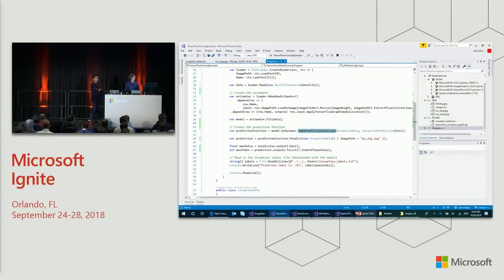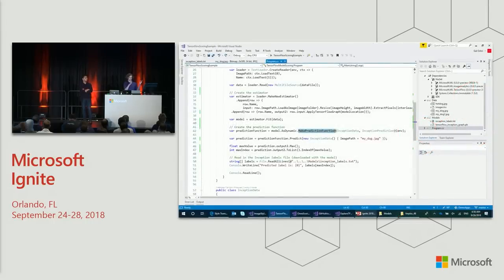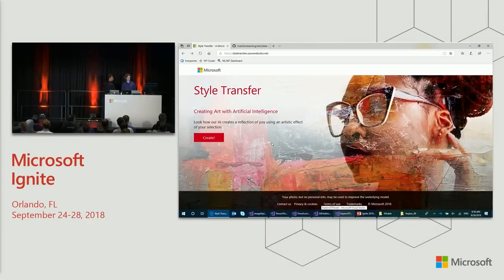I'll switch quickly. So the next example is style transfer. You might have seen these types of demos before, where you take an image and apply the style from another image to it. There's actually a website that you can visit right now, styletransfers.azurewebsites.net, to try this out with your own camera or by bringing in other images.